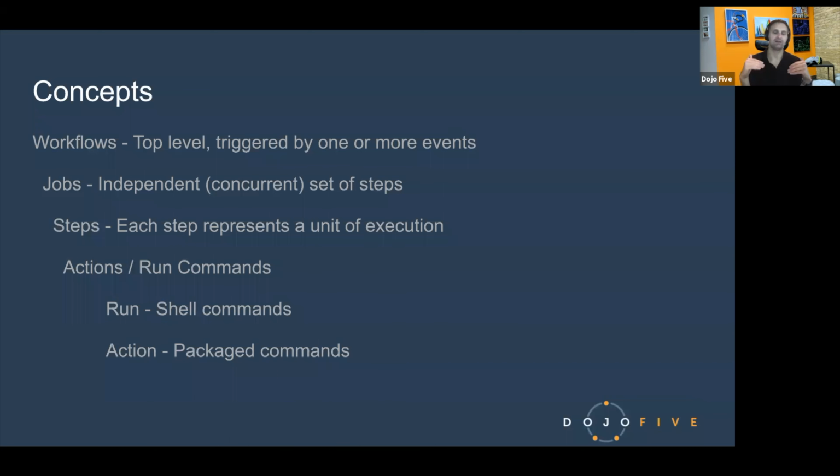Jobs are an independent concurrent set of steps that encapsulate a particular work stream. You could have multiple jobs. Imagine you've got a debug and a release configuration of your firmware. You could have a job for the debug and a job for the release. The concurrency is the big reason you want to split things into jobs, so that they can run independently.